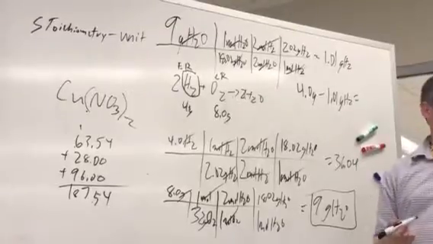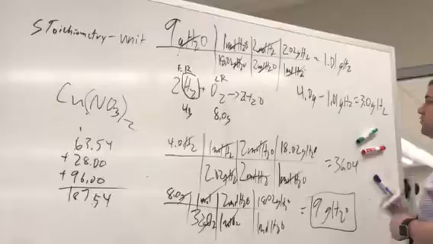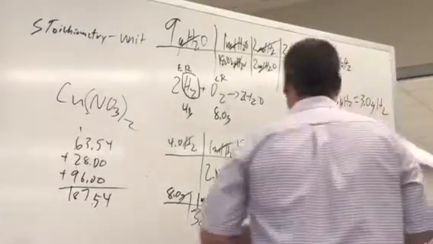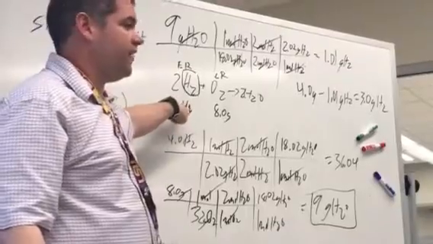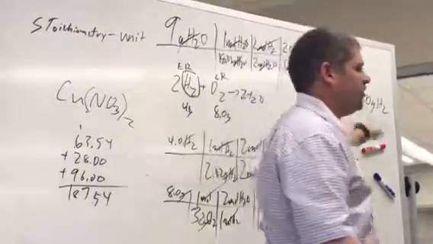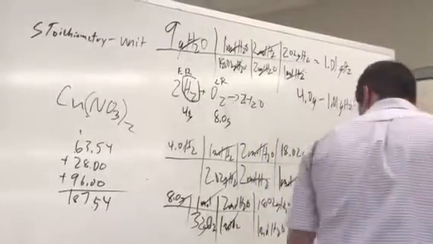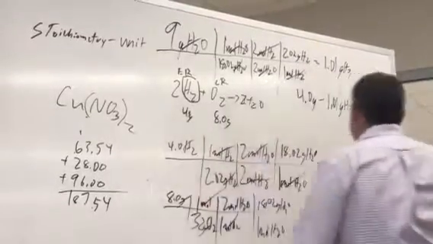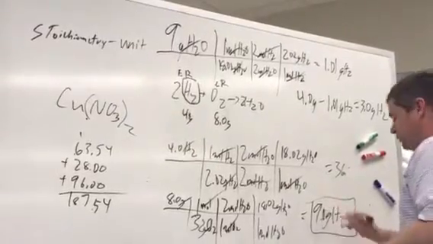Rounded to 2 sig figs, that is 3.0 grams of H2 left over. Remember, I have 2 sig figs here, so all my final answers should be in 2 sig figs. So I'll go back and fix them: 36, 9.0.